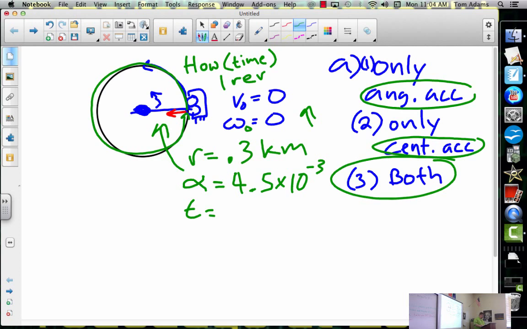All right, so how do I do that? I want an equation that gives me time, that involves acceleration. So let's look on page, Mr. Adams already has his notes.